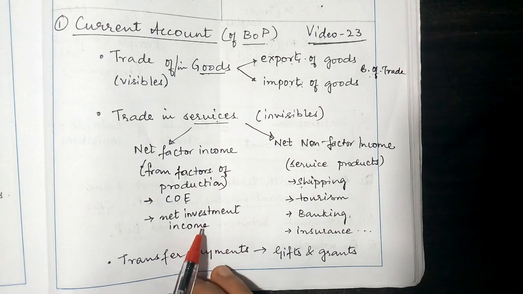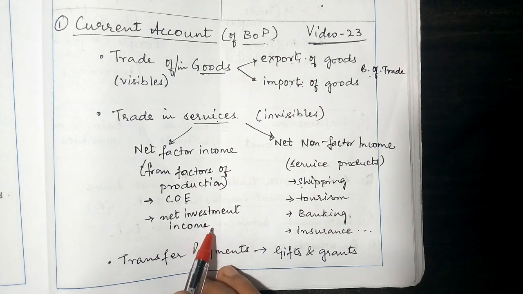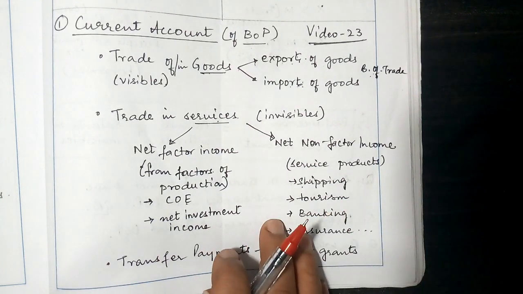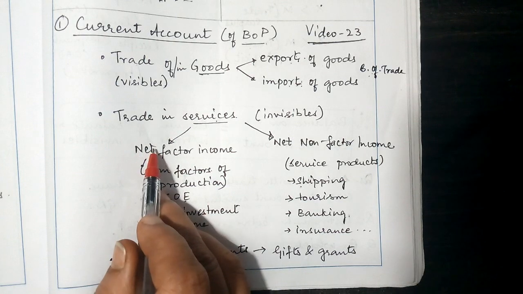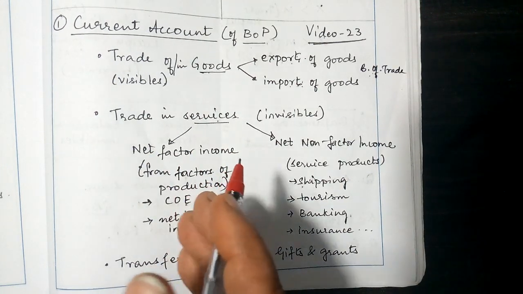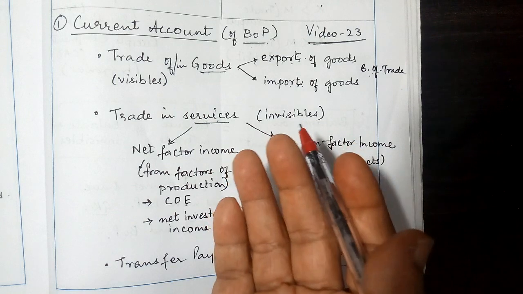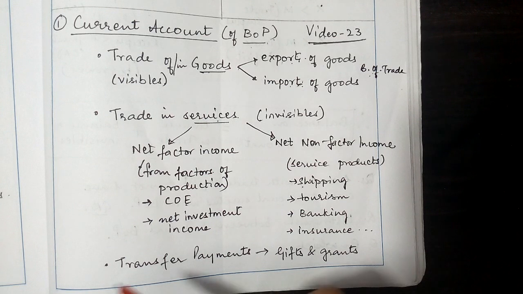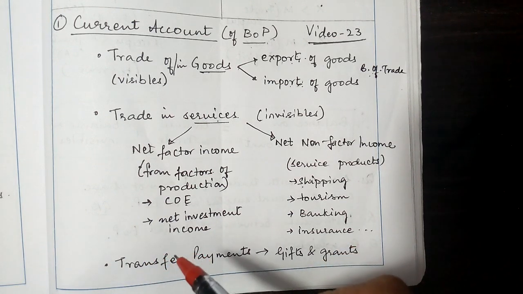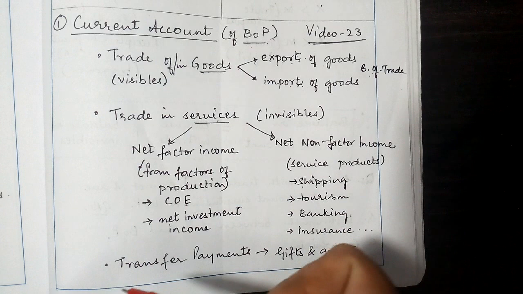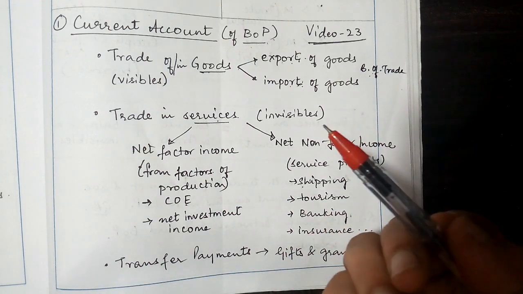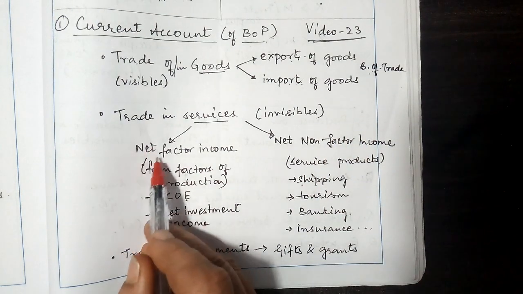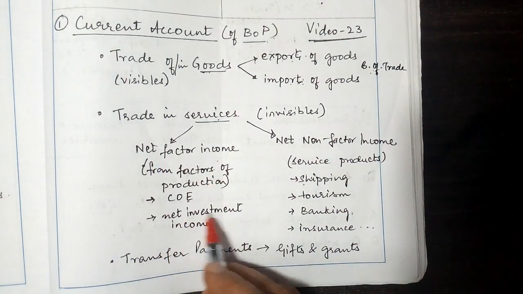This net investment income is interest, profit, dividend on the assets abroad. Since we are calling it net, it is a difference between the value of our assets abroad and the value of the assets of the foreigners in our country. So that value is net value or net investment income.